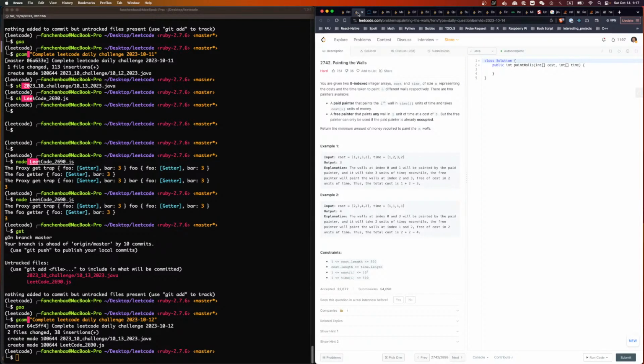A free painter that paints any wall in 1 unit of time at a cost of 0, but the free painter can only be used if the paid painter is already occupied. Return the minimum amount of money required to paint the n walls.